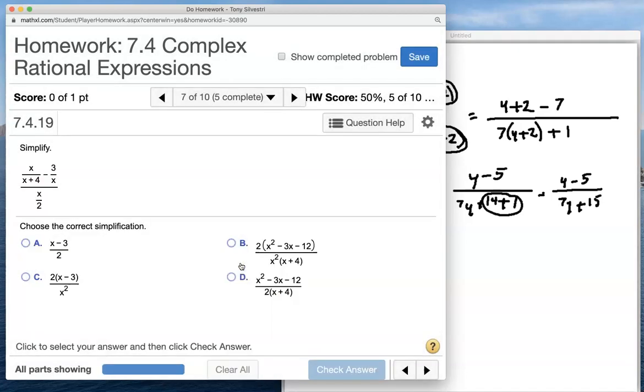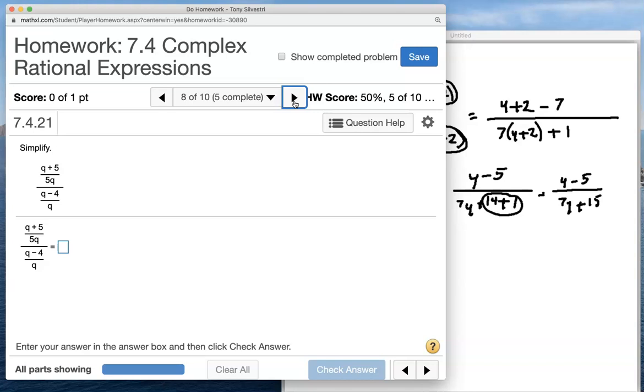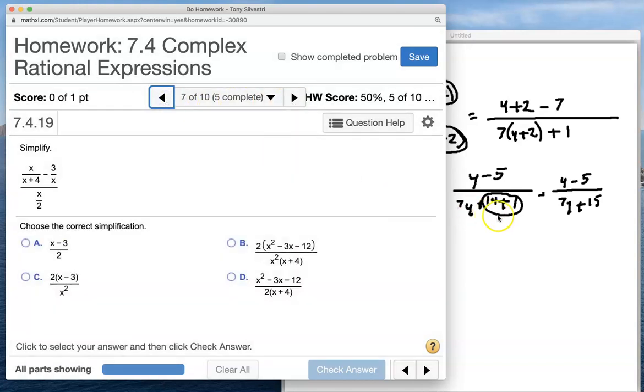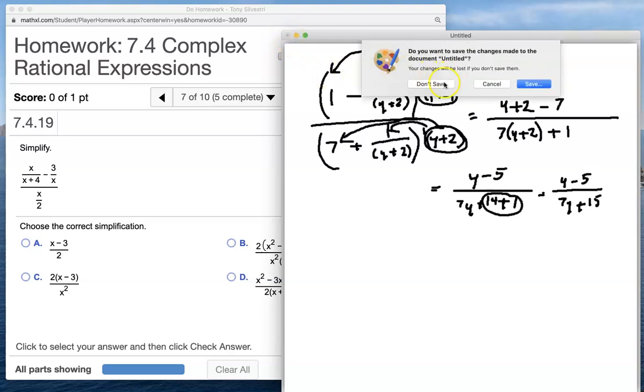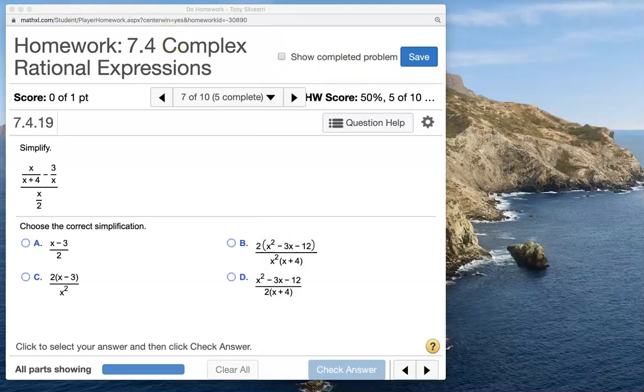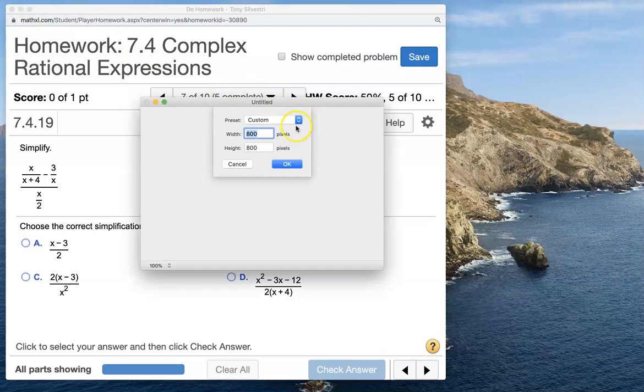Ooh, this looks complicated. Let me just do a quick scan of what the next ones are. Okay, all right. Let's do number 7. And I'm going to do this with a new sheet of paper, file, virtual paper.